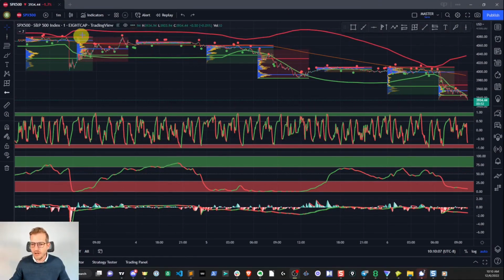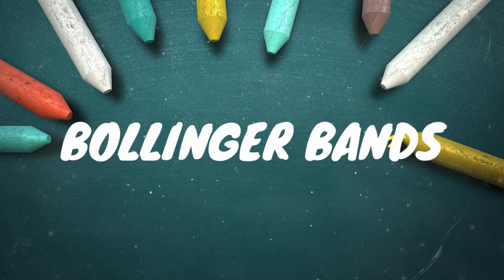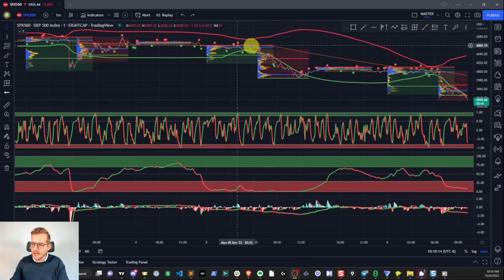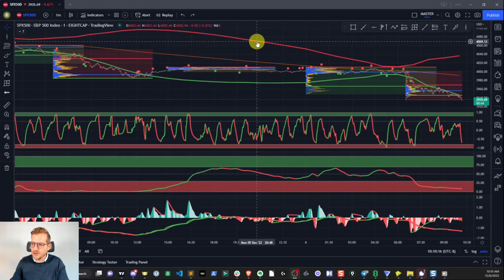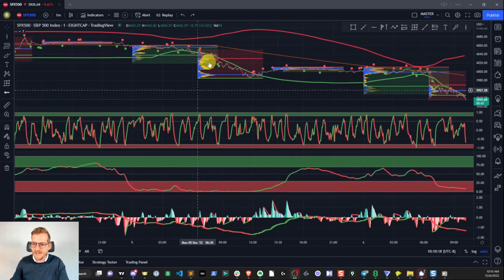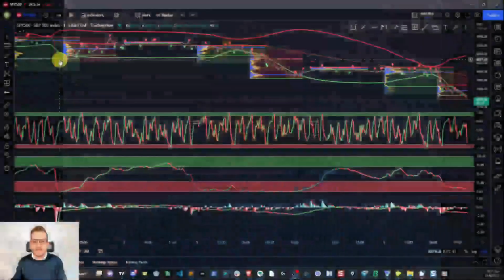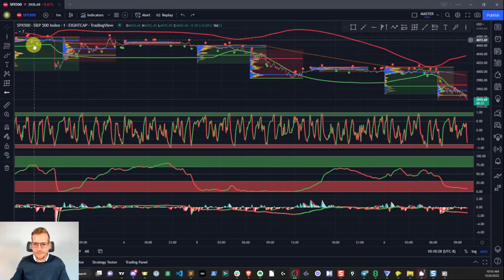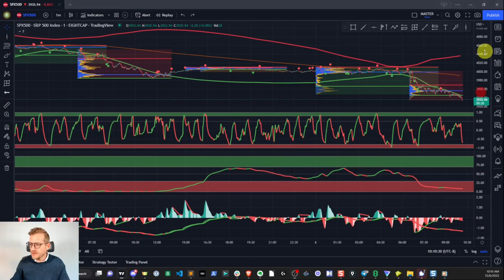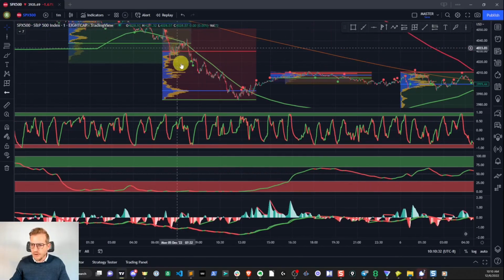The second thing we're going to go over, the obvious stuff, is we like to use Bollinger Bands to show volatility. Now we do a couple things with these Bollinger Bands. We change the settings a bit, so you'll need to look in the actual lecture where we specifically talk about Bollinger Bands, but we use slightly different settings. This is to visualize volatility. The second thing that we use is volume profile.